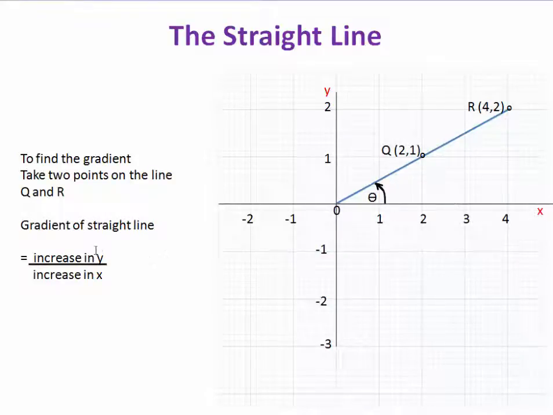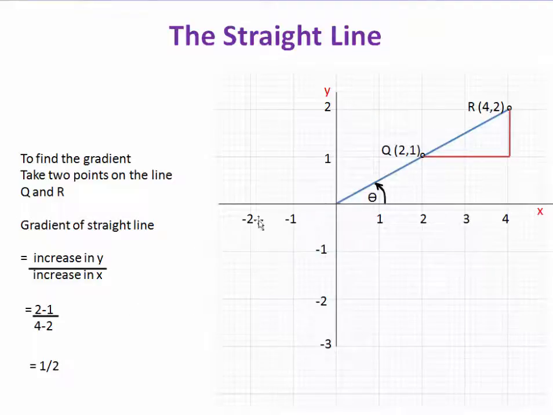So the gradient of a line is the rise over the run, or the increase in y, which is this side here of our triangle that we're going to form, divided by this difference in x, or the increase in x. If we know 2 points, this Q is (2, 1) and R is (4, 2), then we can work out the gradient of the line using these coordinates that we're given.